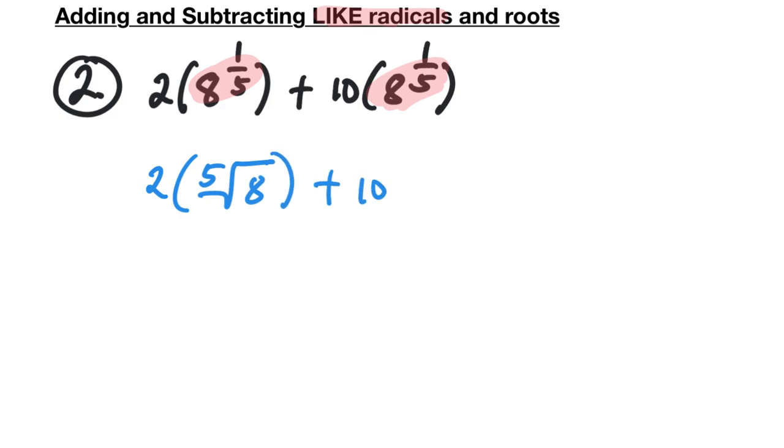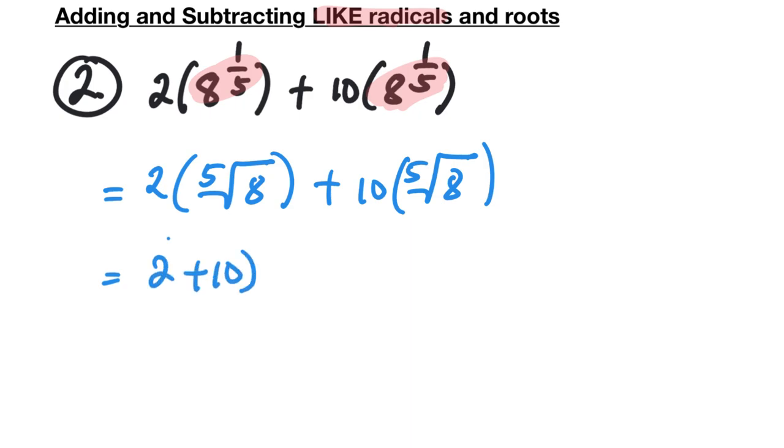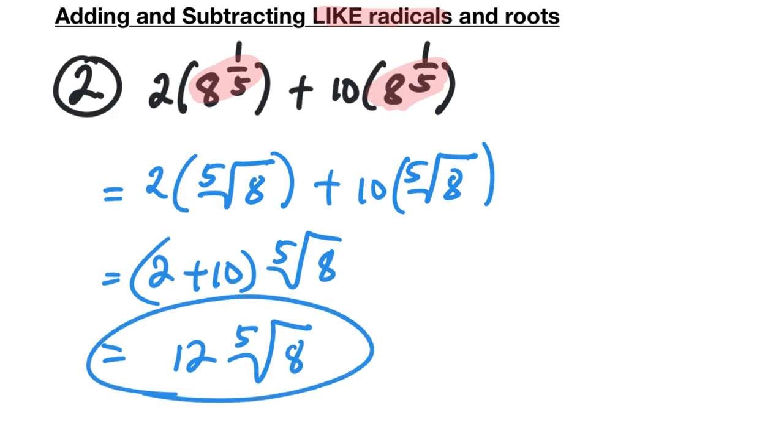Plus 10 times the fifth root of 8. Okay, so we're going to put the like terms together. So 2 plus 10, and then you're going to have the fifth root of 8. So the final answer is going to give you 12 times the fifth root of 8.